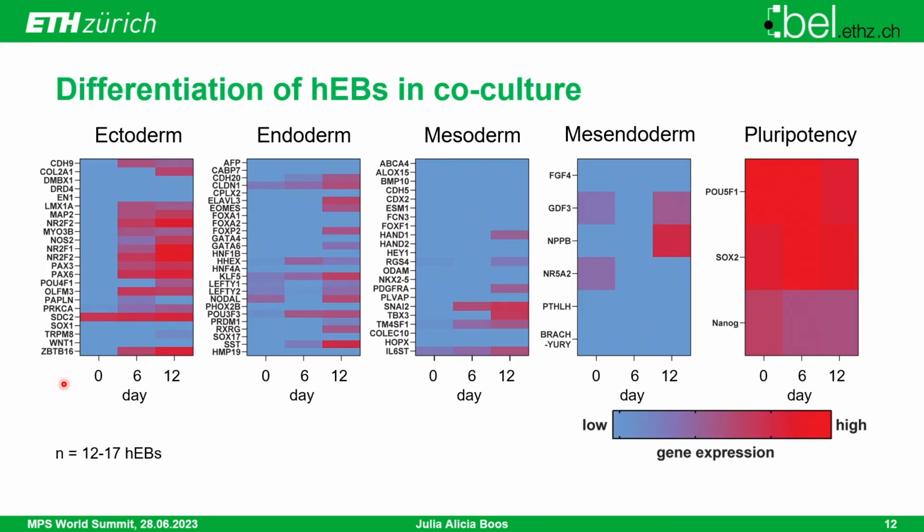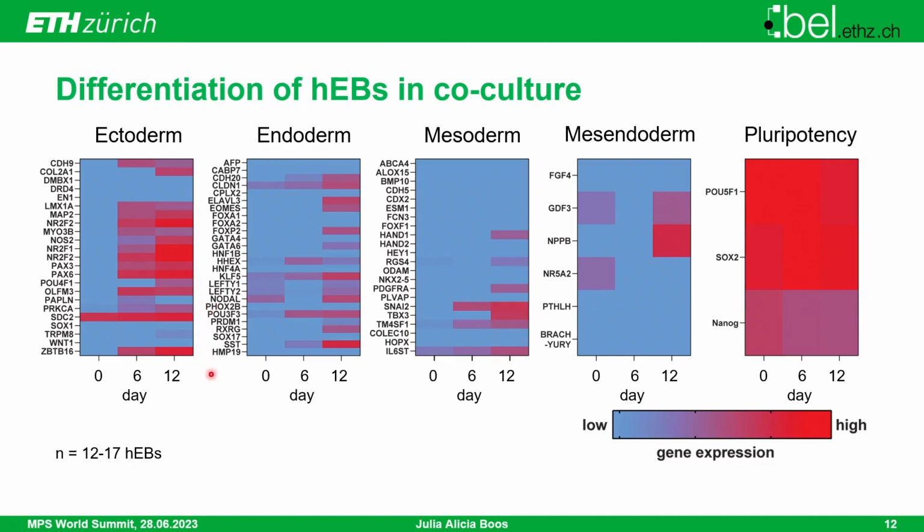However, we also saw a very high gene expression still in the pluripotency genes, which is probably again due to the fact that we use human cells now that just take much longer to differentiate compared to the mouse cells. And we also observed a very high expression of ectodermal genes, which is the outermost germ layer and also the first germ layer to develop during embryonic development. So this might be the explanation here.